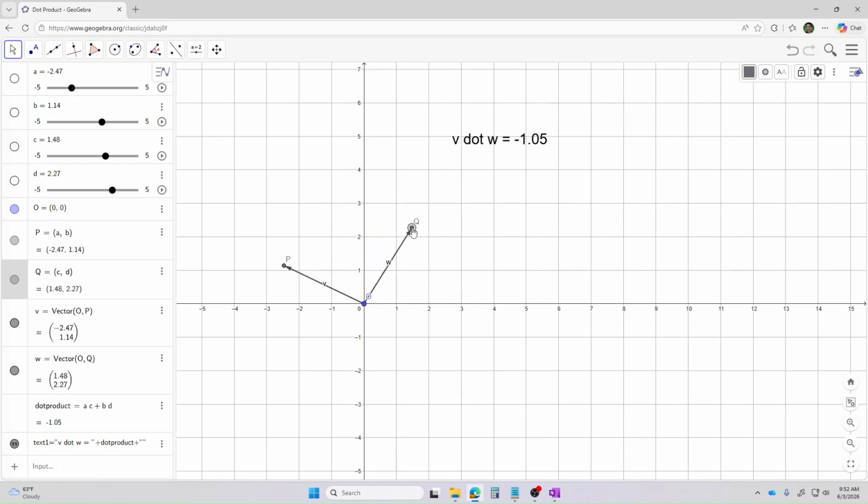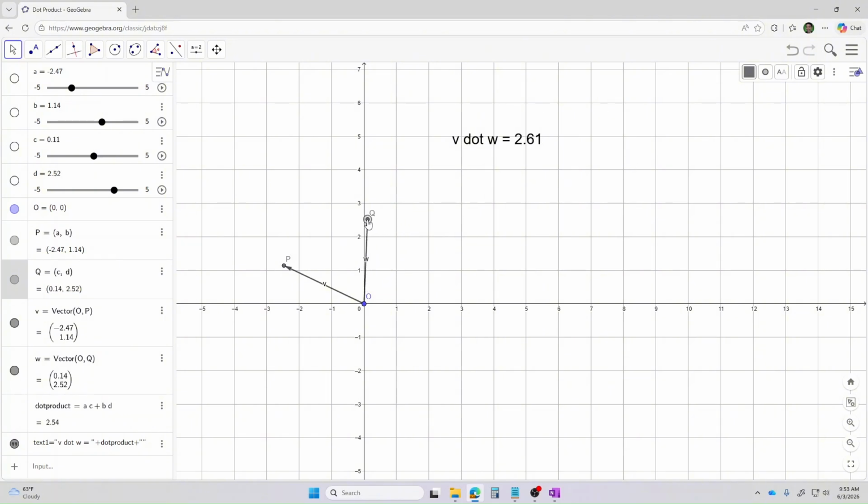If the vectors are close to being perpendicular, you see a dot product that's very, very close to 0. Because if the vectors are perpendicular, if the vectors are orthogonal, then the dot product is equal to 0. So if the angle between them is close to 90 degrees, that also causes the magnitude of the dot product to go down dramatically.